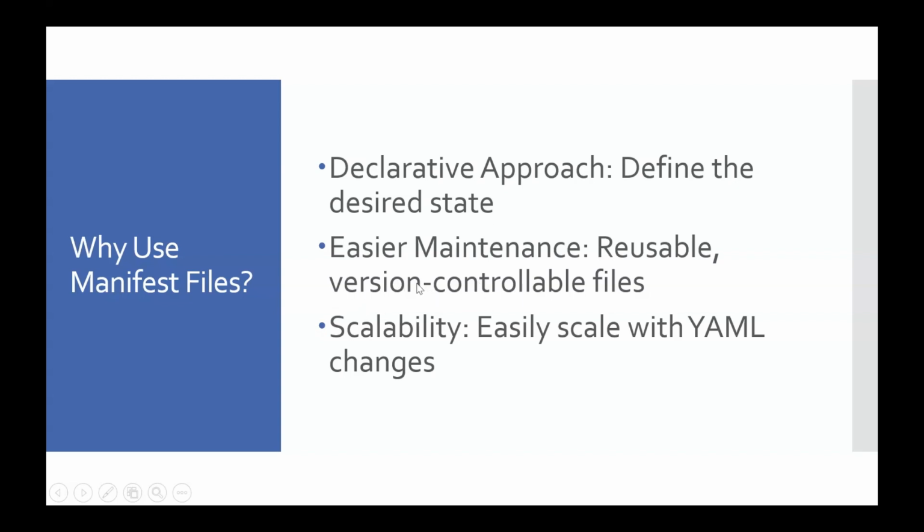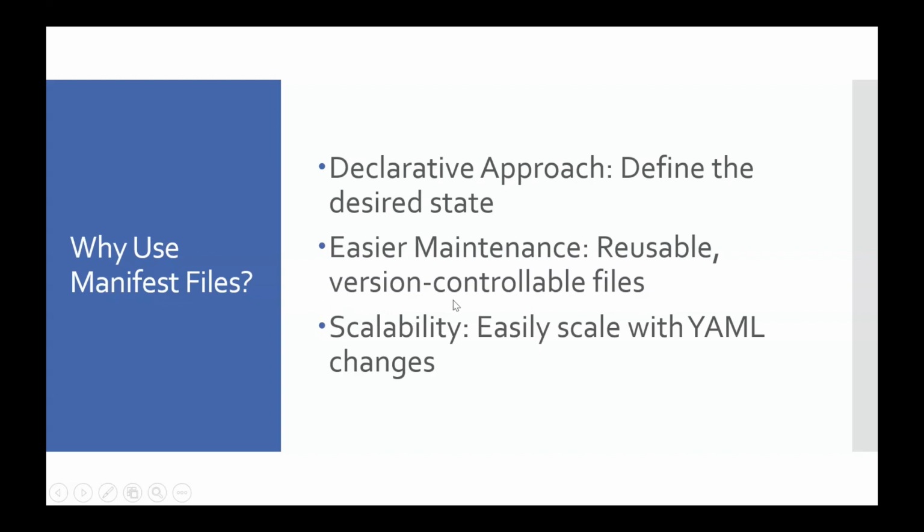Okay, so that you will be able to take it from there and use that manifest file to deploy either from your local machine or with CI/CD pipelines. Okay, so we can keep our manifest file in version control and use our CI/CD pipelines to automate creating the Kubernetes resources.